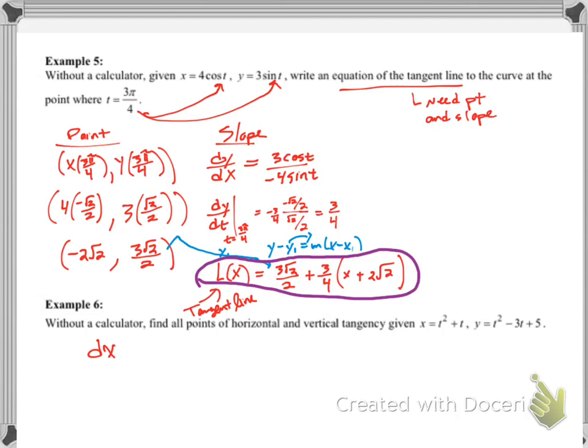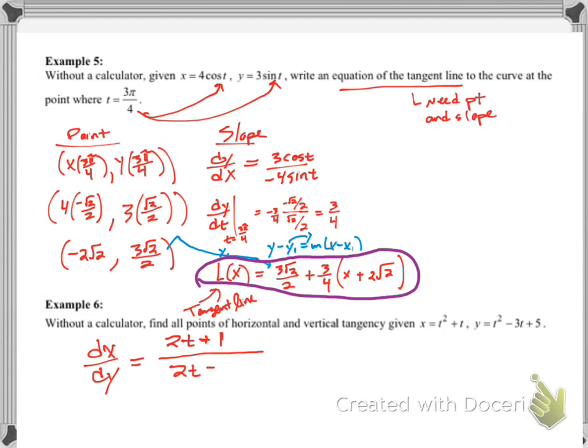Let's keep going. Down yonder, number 6, so derivative of the y equation, because we need to find all points of horizontal and vertical tangency. Don't you just go instantly, I got to take the derivative, set it equal to 0 for horizontal tangent? You should. All right, so horizontal tangent, first derivative equal to 0. Vertical tangency, of course, are points where you're undefined, dividing by 0, vertical asymptote.